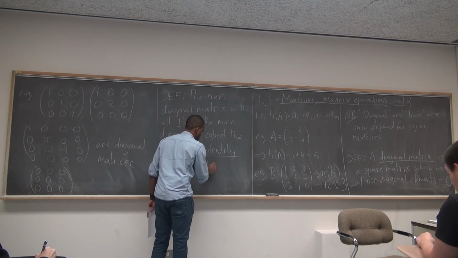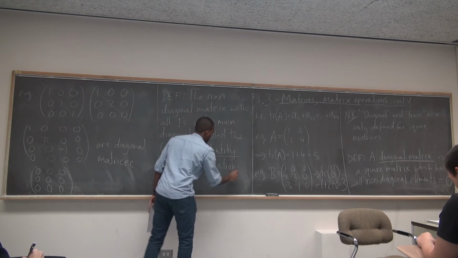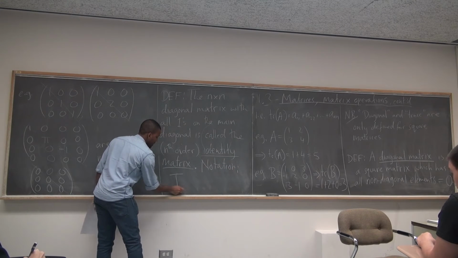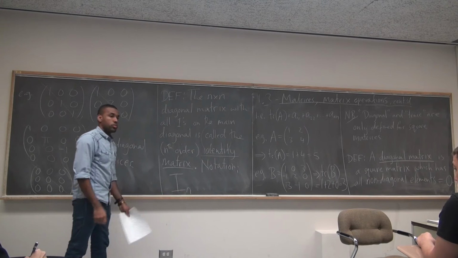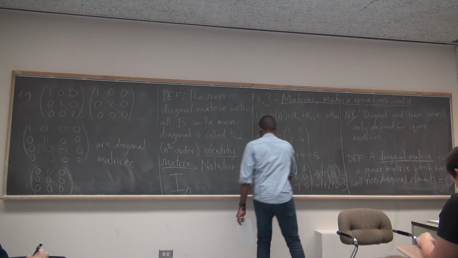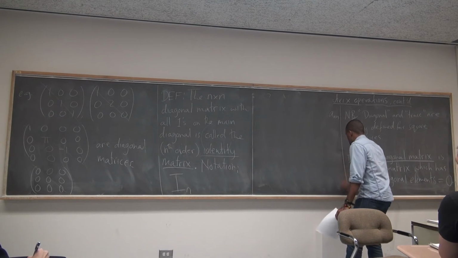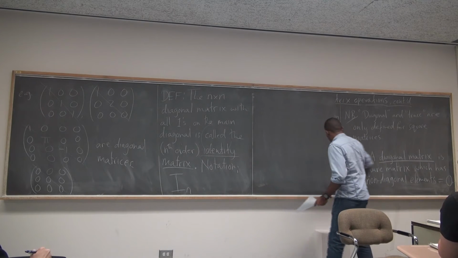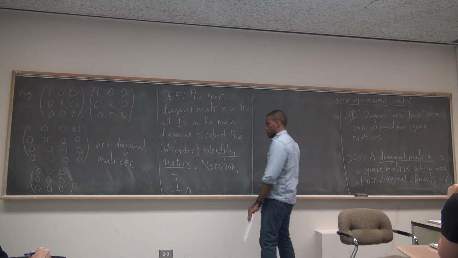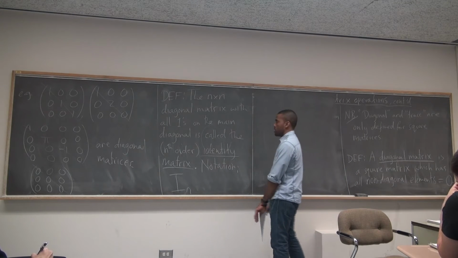Notation is a big I with a little subscript n. This is called an identity matrix. Very, very useful matrix, very important.